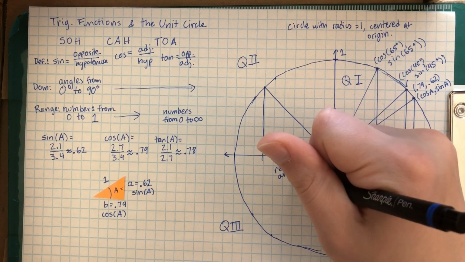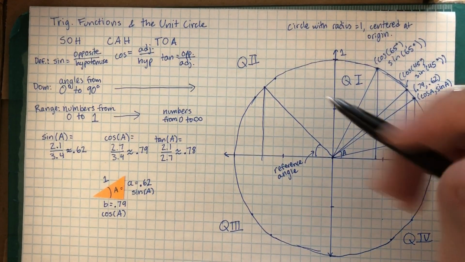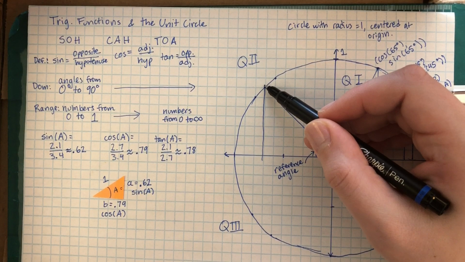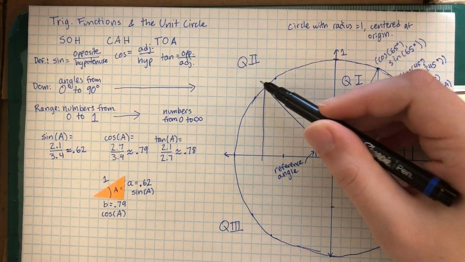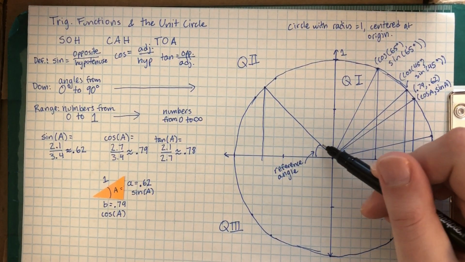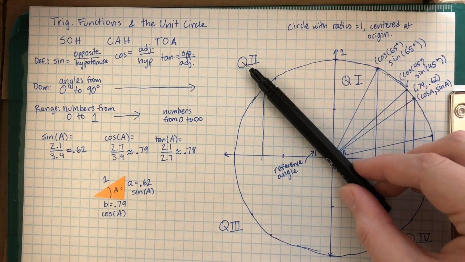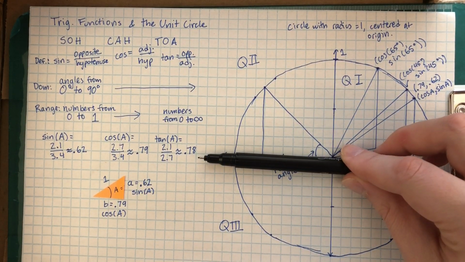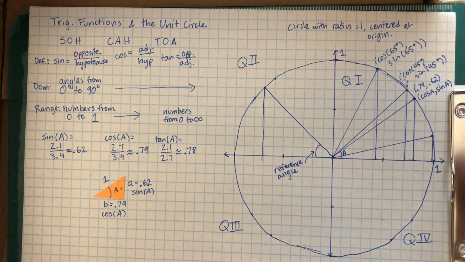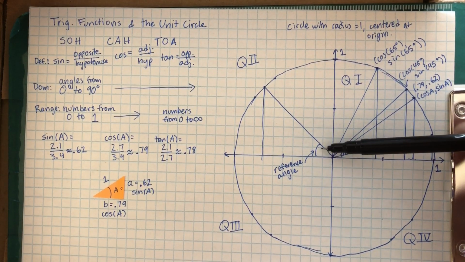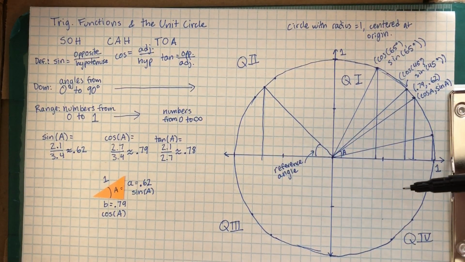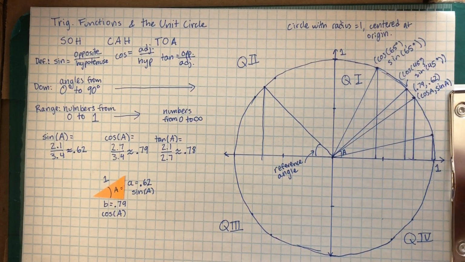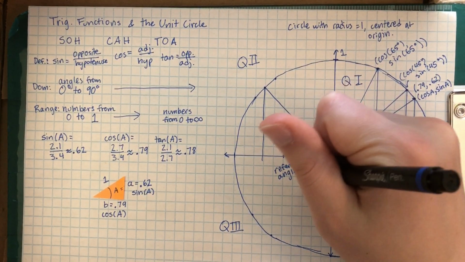From any quadrant, you can take your point and draw a line from the origin and then just draw an angle between that line and whichever part of the x-axis is the closest. And that's called the reference angle. And that will give me a triangle. And I tried to draw this one so that it was 45 degrees.